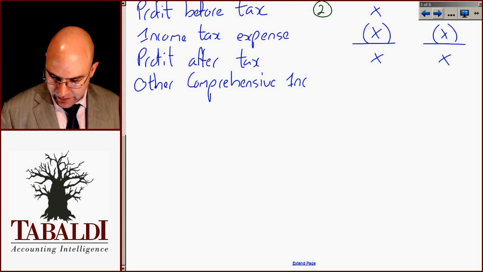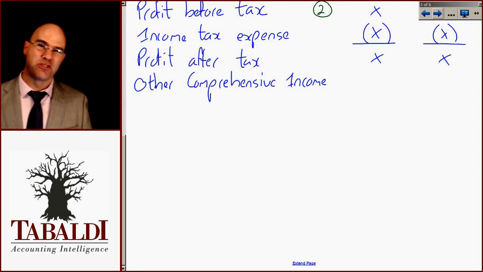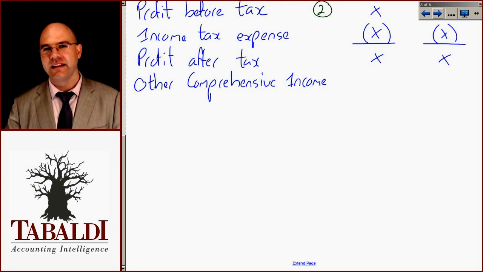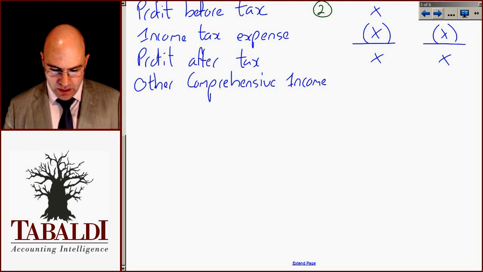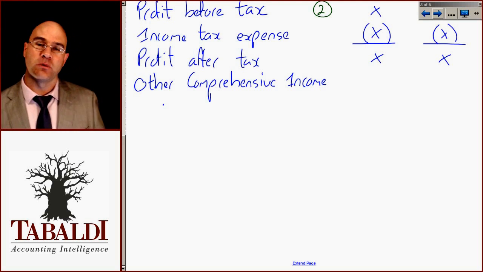You're not really going to deal with this, but other comprehensive income is going to have two types, items that may be reclassified versus not be reclassified. That's a bit beyond the scope of this course, but what I want you to understand is that there will be a gross amount as well as a tax amount.